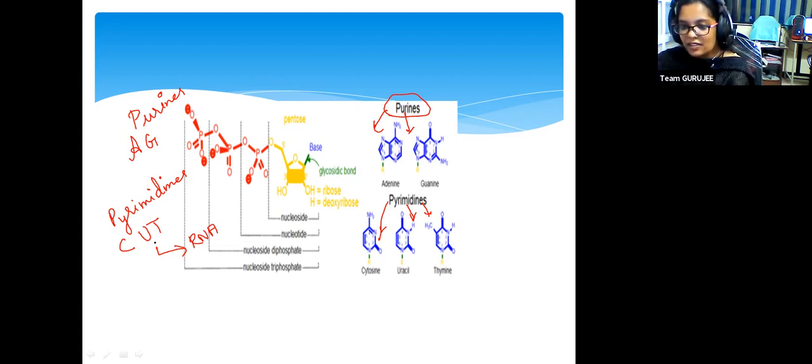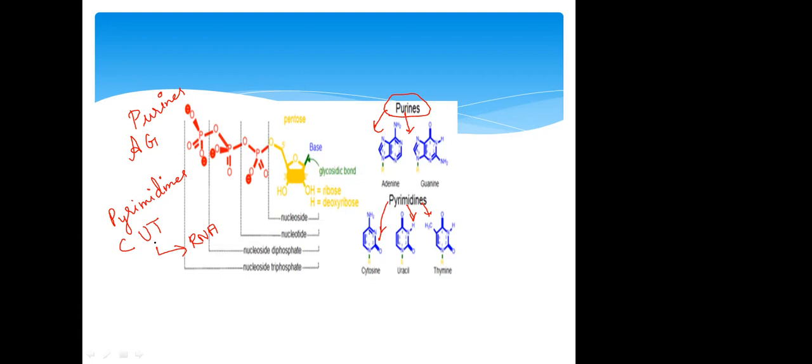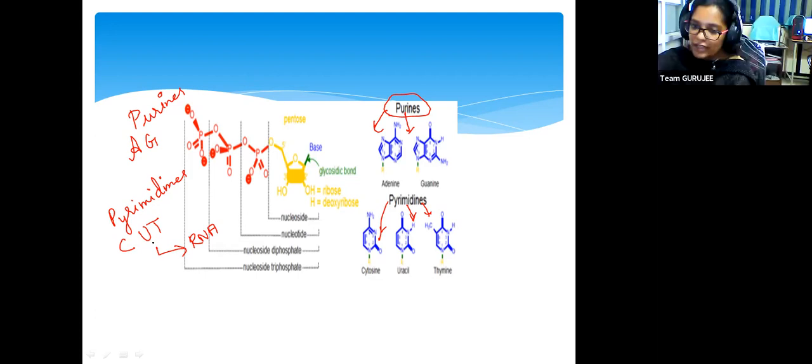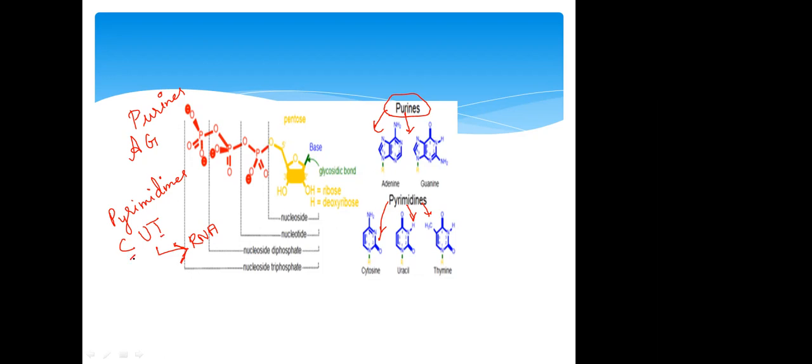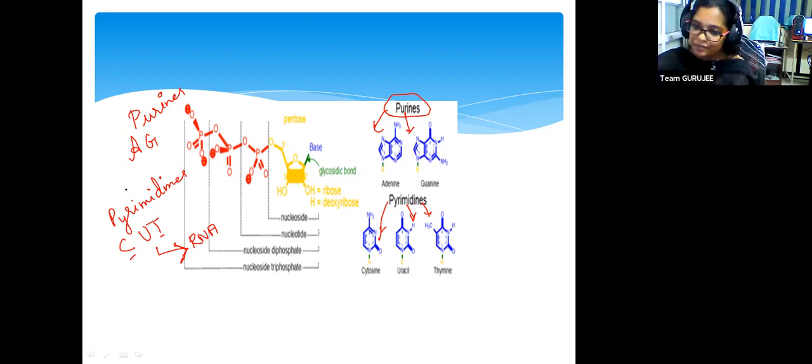It's a basic thing you must know. Nandini, question once more, ma'am. You told that uracil is present only in RNA. Yes, that's correct. So what about the base which is present only in DNA, whether it's thymine or cytosine? Thymine. Sure? Yes, ma'am. Yes.